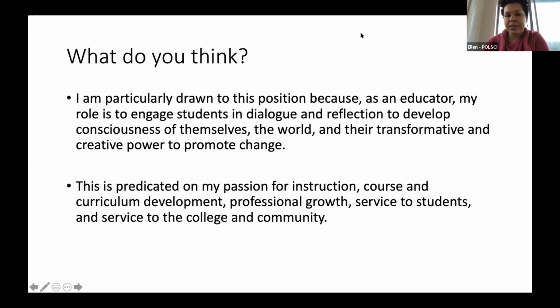Everybody is passionate about education. Everybody wants their students to engage in critical thinking, and also engage in creative and transformative power. So just pay attention to what it is that you have been doing so far and provide those examples.